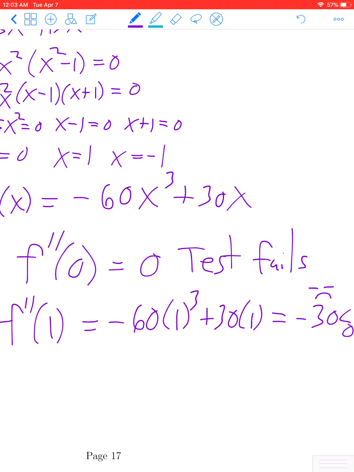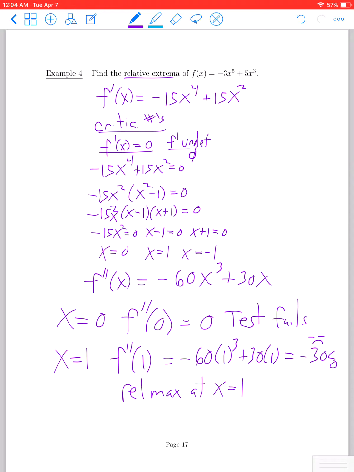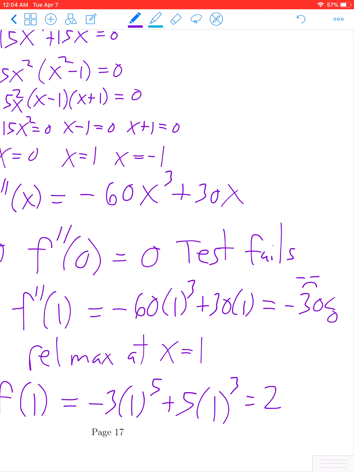And remember, if the second derivative is negative, then we're going to have a relative max at x equals 1. We can find that value by plugging it into the function. The value of that relative maximum, f of 1, would be negative 3 times 1 to the 5th plus 5 times 1 cubed, which would be equal to positive 2. So we have a relative maximum of 2 at x equals 1.